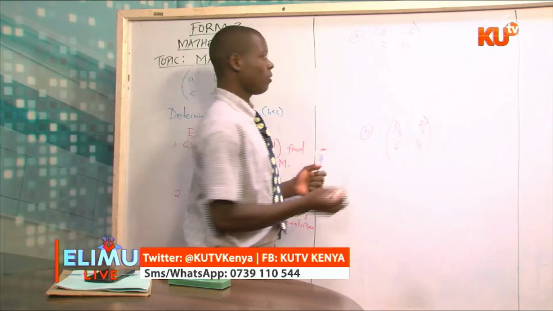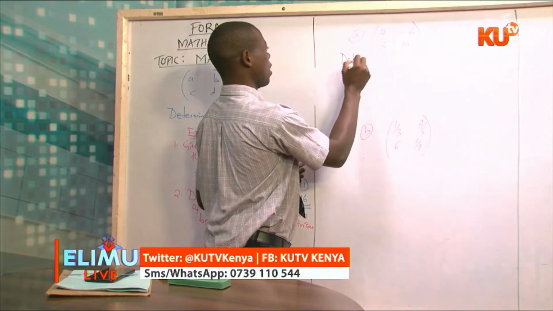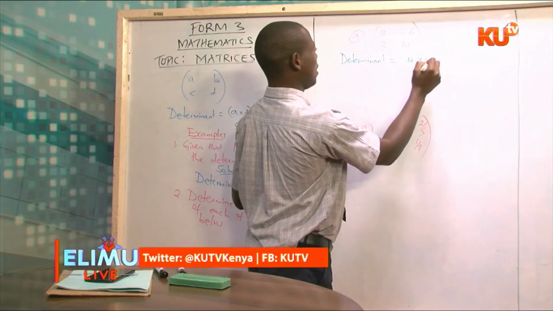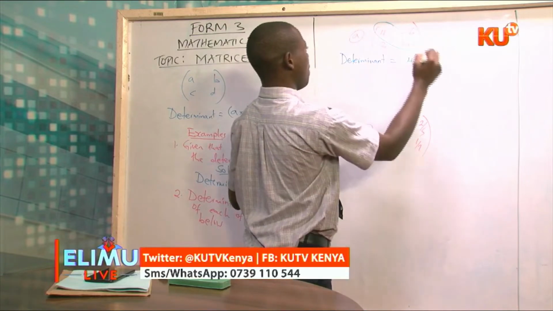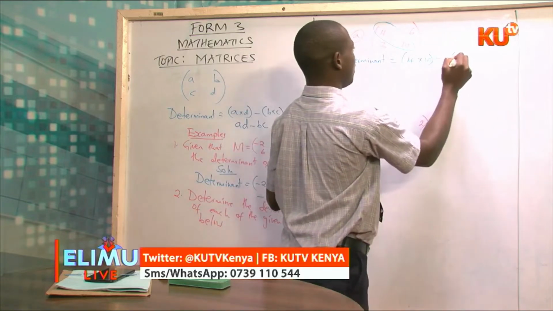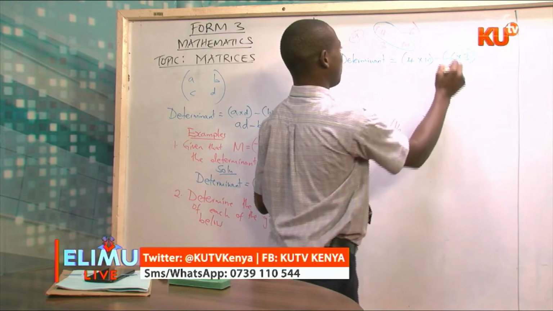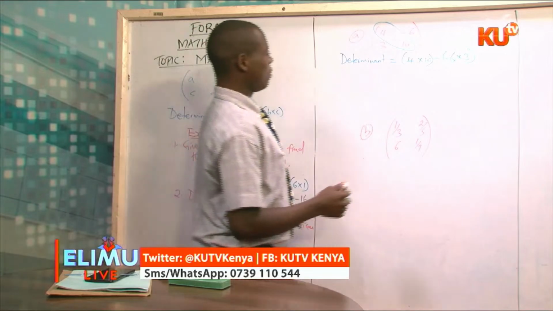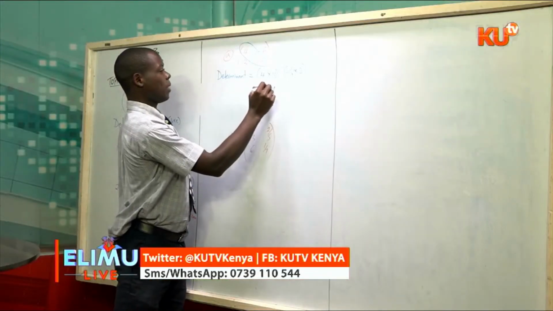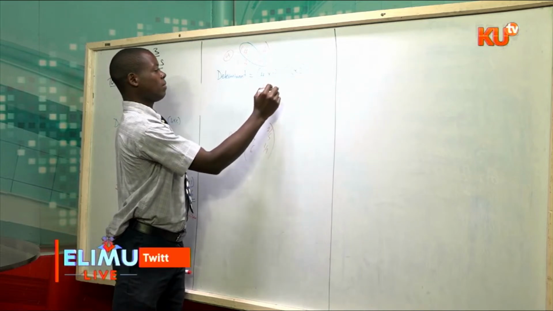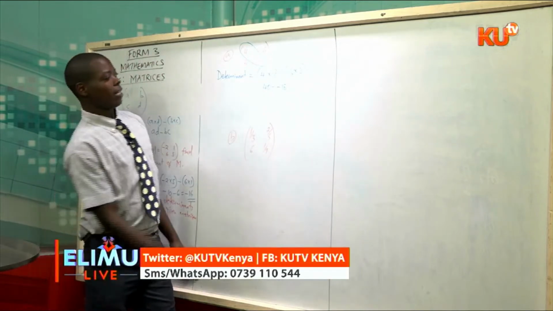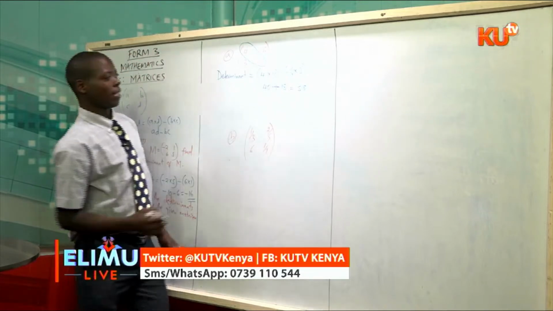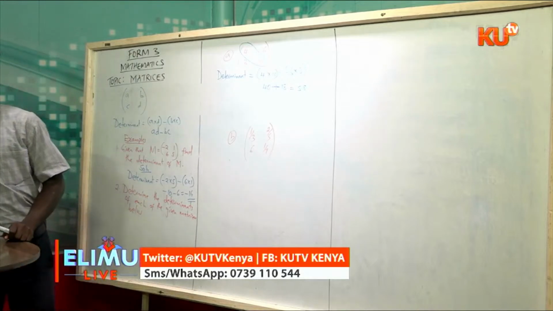Therefore, to work out the determinant, we will take 4 times 10, the leading diagonal, minus negative 6 times 3. 4 times 10 gives us 40, minus 6 times 3 gives us minus 18. And this gives us a total of 58, because minus minus is plus. So the determinant is 58.